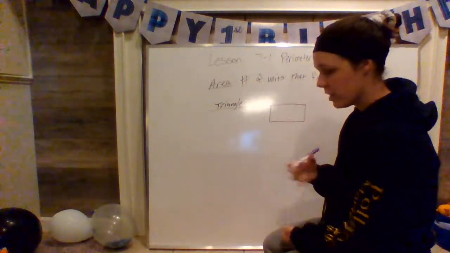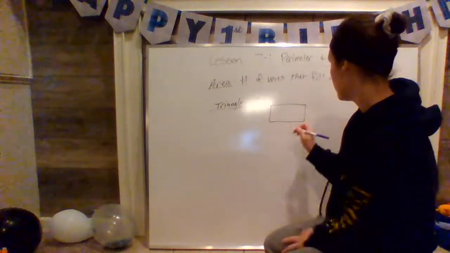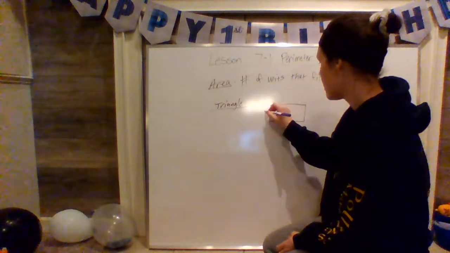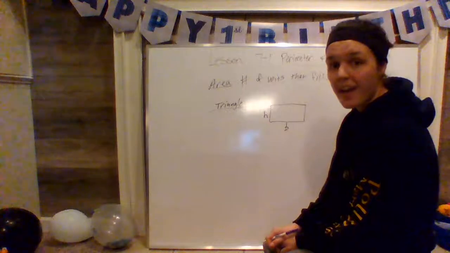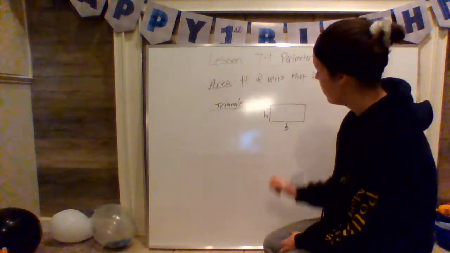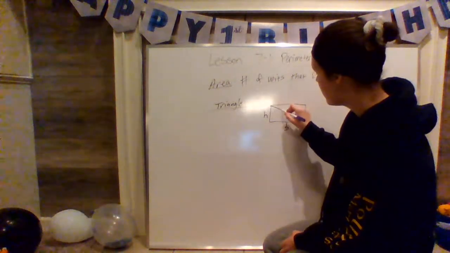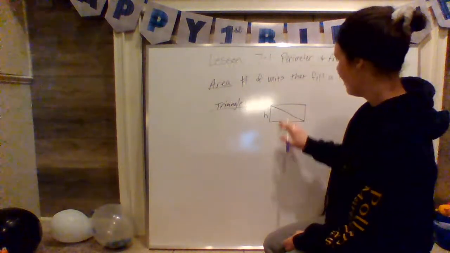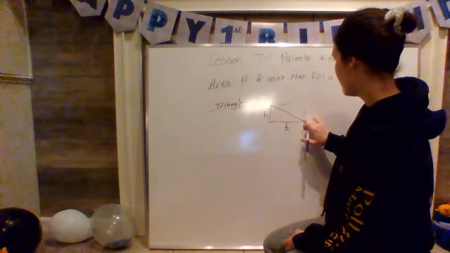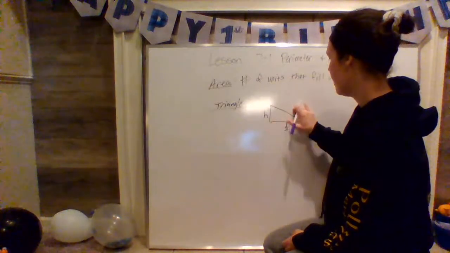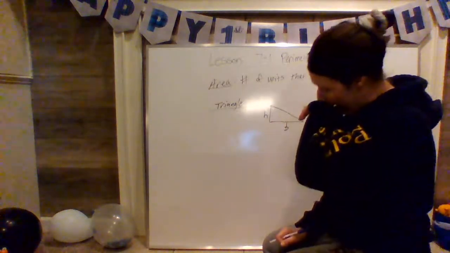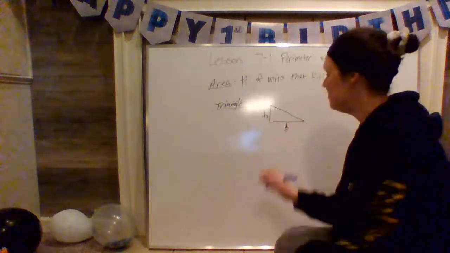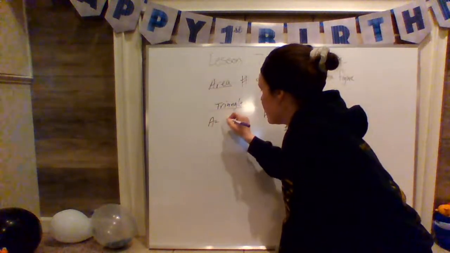We talked about the formulas length times width or base times height. Okay, base times height. If you slice this diagonally down the middle, cut it in half, and erase that. Oh look, we have a triangle. Sweet.